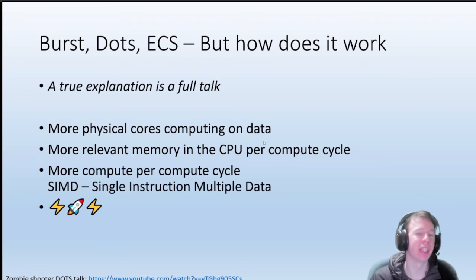You also instantly get like a 2 to 4x speed up because you start using more than just one core. And then on the individual core level, CPUs have special instructions for executing a single instruction with multiple data in one compute cycle. So each core will be computing 8 times as much per clock cycle.